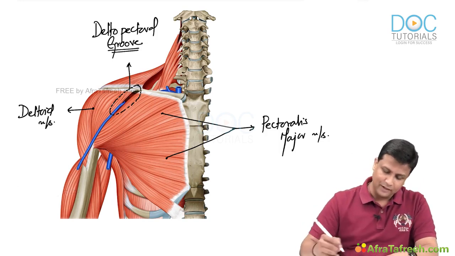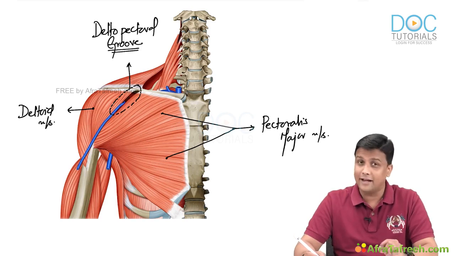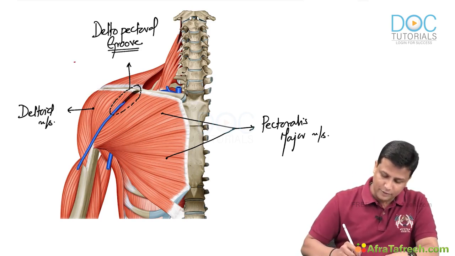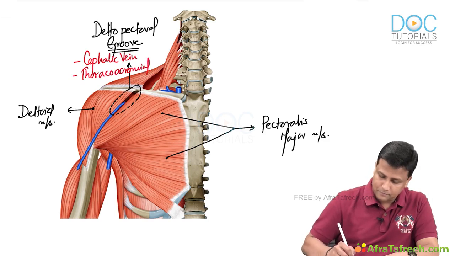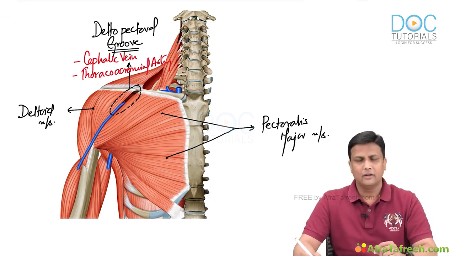Now, what do you have inside that deltopectoral groove? That is important. You can clearly see in the diagram there, you have a vein, and that vein is your cephalic vein, guys. So in the deltopectoral groove, you're able to appreciate the cephalic vein. And not only the cephalic vein, along with that, you also have the thoracoacromial artery, the thoracoacromial trunk or artery.